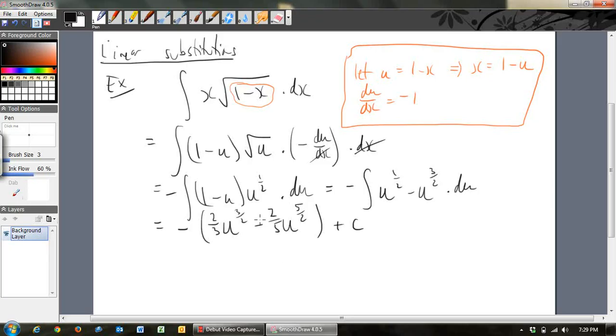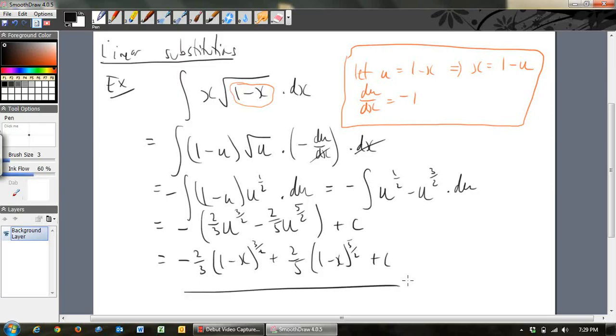And now we can substitute our value of u back in to end up with an answer in x. So we get negative 2/3. u was 1 minus x. 1 minus x to the 3 over 2. Plus 2/5. 1 minus x to the 5 over 2 plus c. And there's your answer. Okay.